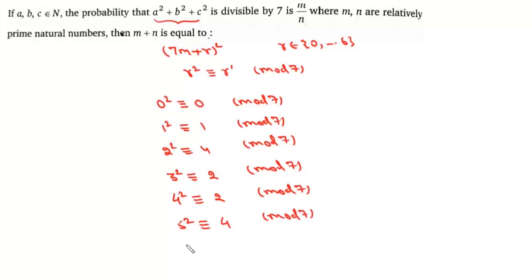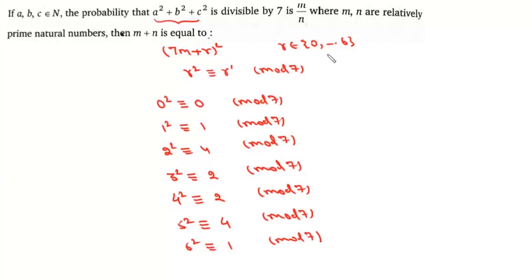And 6 square is 1 modulo 7. These are the possible remainders for 7m plus r, where r can take these 7 values.